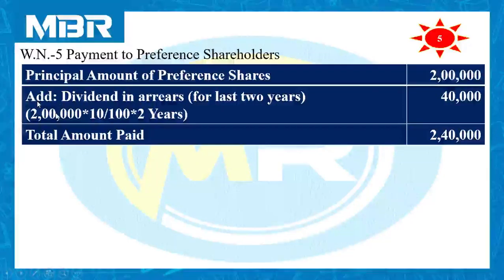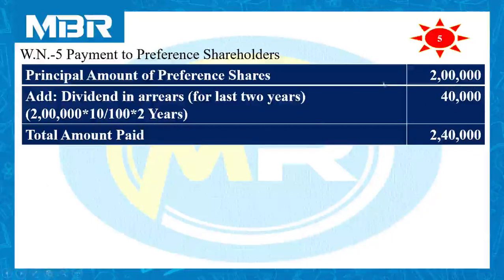I have completed calculation of preference dividend in the bracket. Preference share capital rupees 2 lakhs, rate of dividend 10%. It is mentioned in the balance sheet 10% preference share capital. So rate of dividend is 10% and the period for which the dividend is outstanding 2 years. 2 lakhs, 10% for 2 years. So amount of preference dividend outstanding is rupees 40,000.